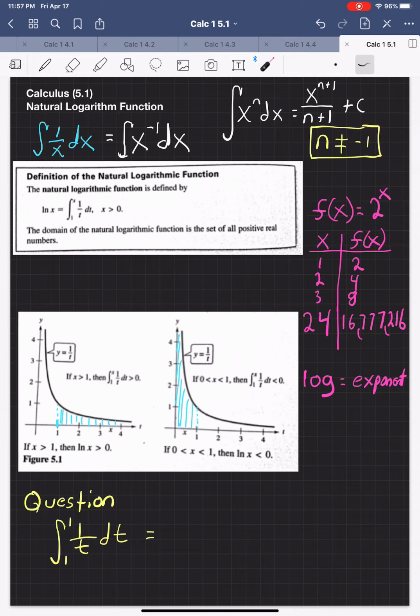Now, what I want to do is talk about ln. In this particular case, let's look at f of x is equal to 2 to the power of x. Let's agree that the base of that is 2. The x is your exponent.